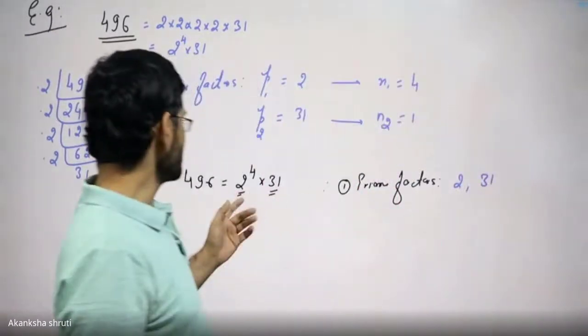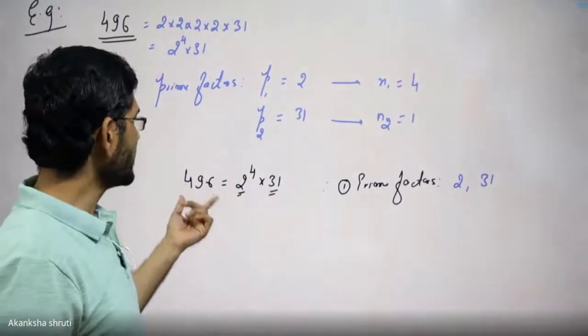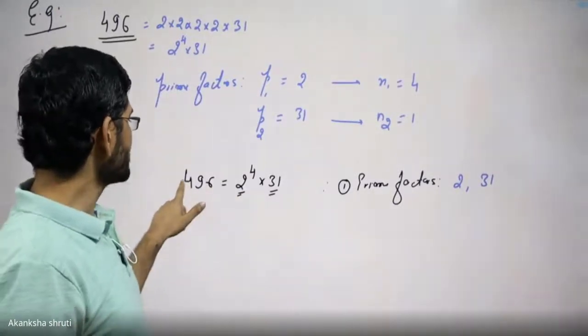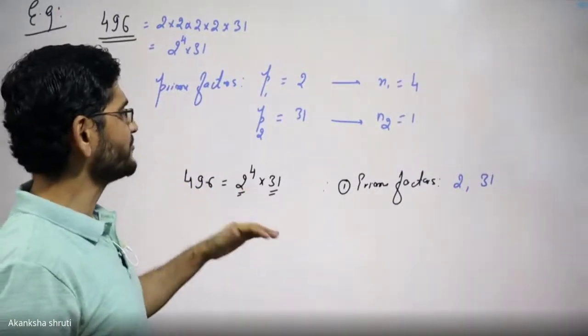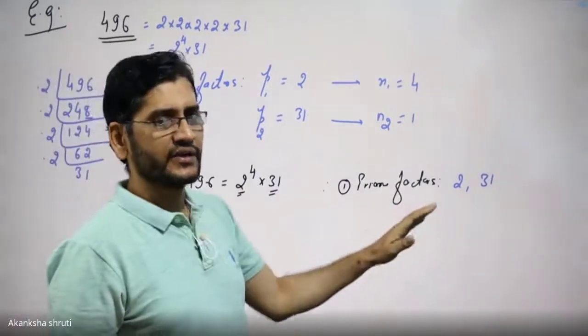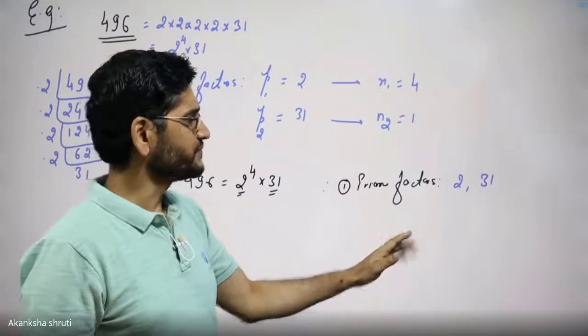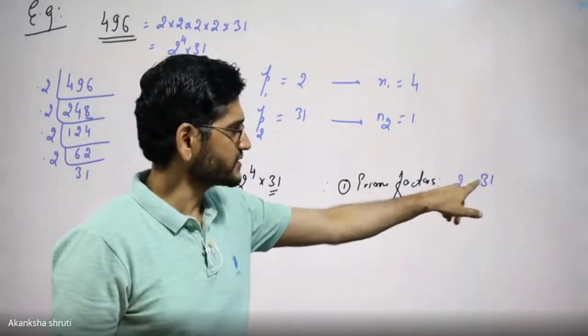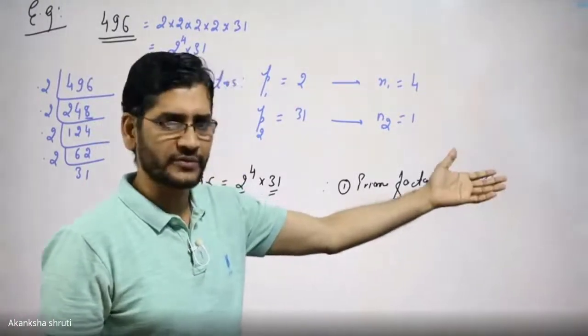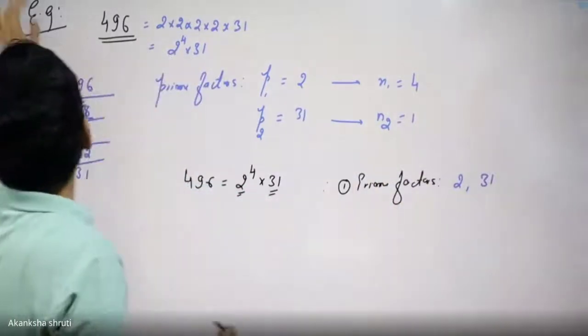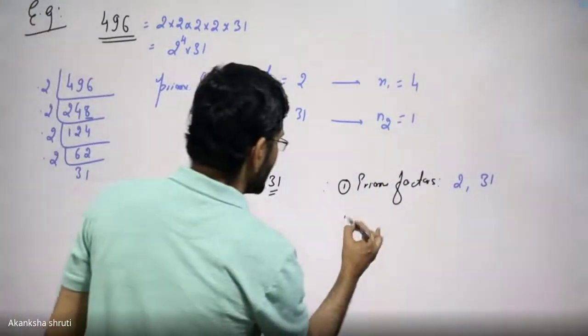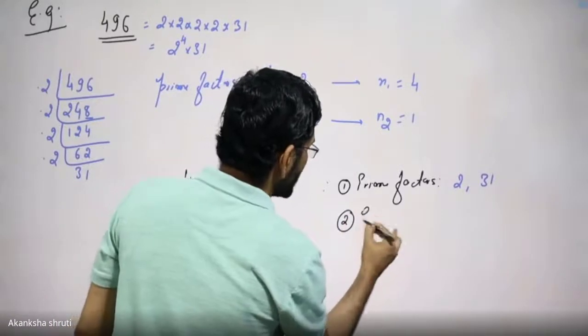In an MCQ it may be framed so that the options say 496 has the prime factors 2 and 31, 3, 2, 7, 3. You should be careful: if anything other than 2 and 31 is given, that cannot be the option. That is the first thing.